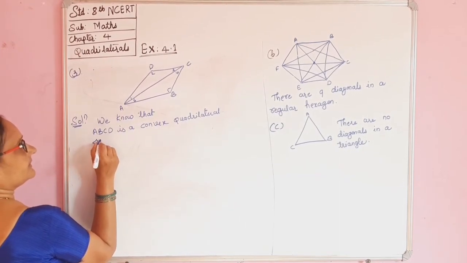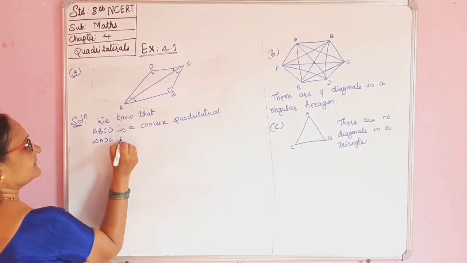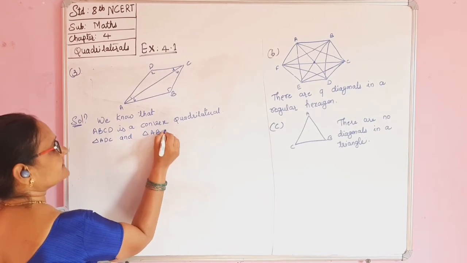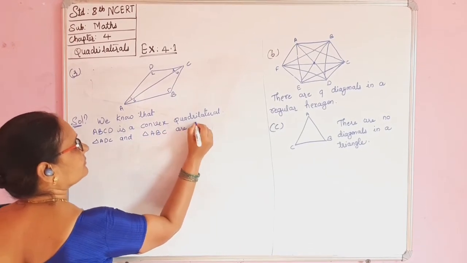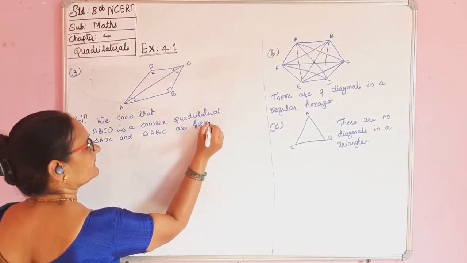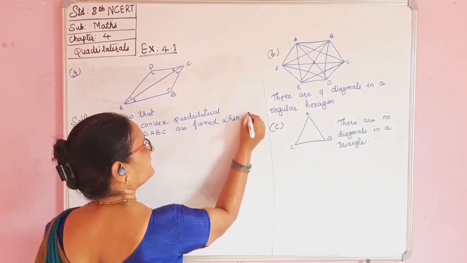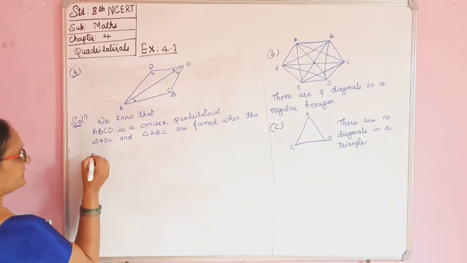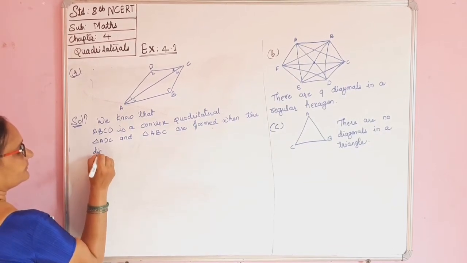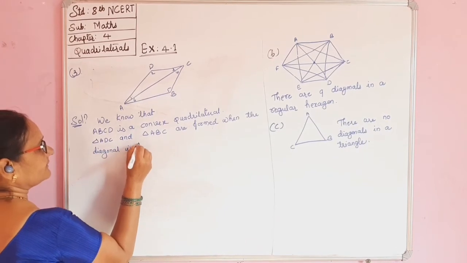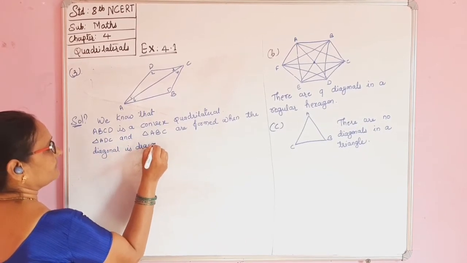Triangles ADC and ABC are formed when the diagonal is drawn.